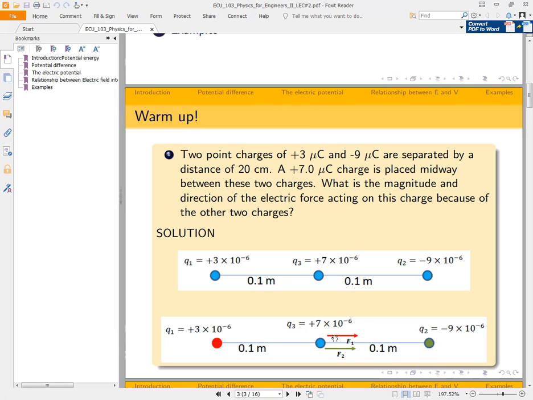So when you sketch it like this with the arrows, you don't need to struggle to know how to get the resultant force. This is a straightforward question because the three charges are in one straight line. Ordinarily, if you are dealing with a situation where the charges are not in a straight line, then you need to be very careful on how you calculate your resultant force, because it will not always be addition or subtraction.